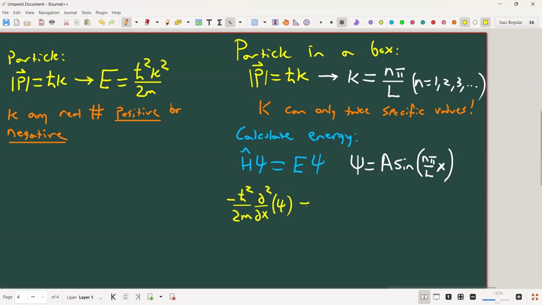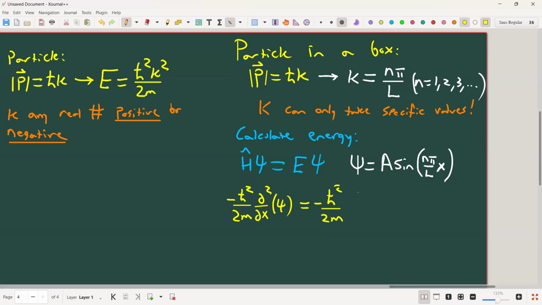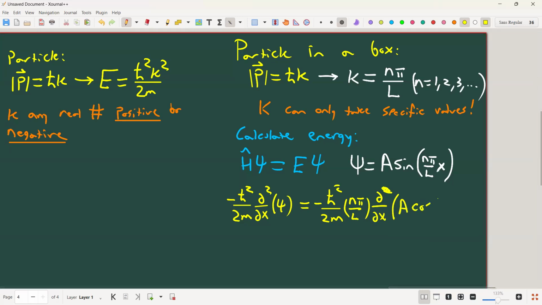All right, so let's just take two derivatives of this function here. So the first derivative, we have minus h bar squared over 2m on the outside. And let's take a derivative of our function. So we're going to get an n pi over L times the first derivative of our wave function, which is a cosine n pi over L x.